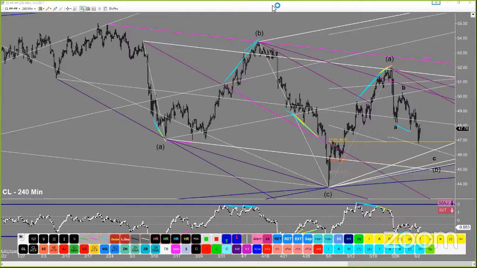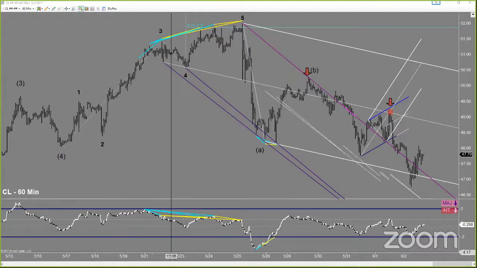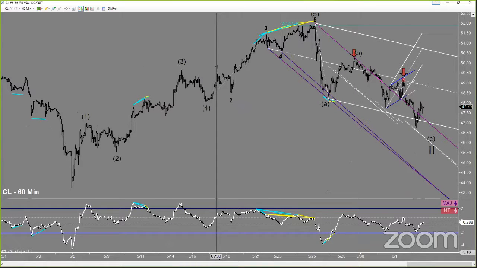So let's jump down to the 60-minute because we actually had a couple of pretty awesome shorts. So this is that big push up, and we have what looks like a completed 5 waves.